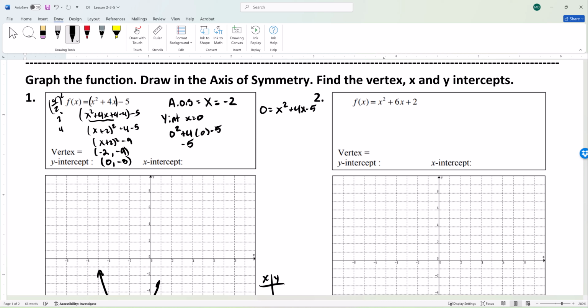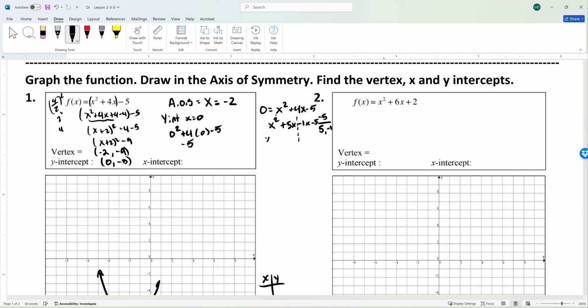Now to find the x-intercept, you set it equal to 0. And then in this case, let's see, a times c, you get negative 5. The factors of negative 5 that add to 4 are going to be positive 5 and negative 1. That looks like that adds to 4, so this should factor. So x squared plus 5x minus 1x minus 5.